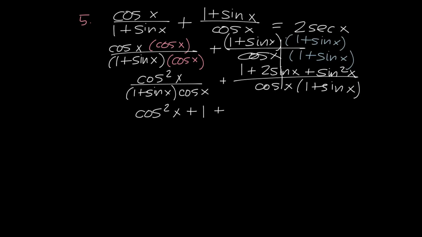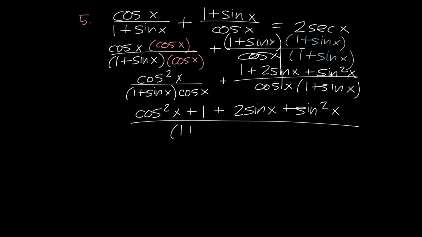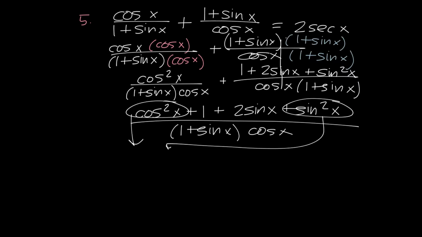I have cosine squared x plus 1 plus 2 sine x plus sine squared x all over 1 plus sine x times cosine x. Alright, so now, as you can see, we have this and this giving us 1 using the Pythagorean identity.